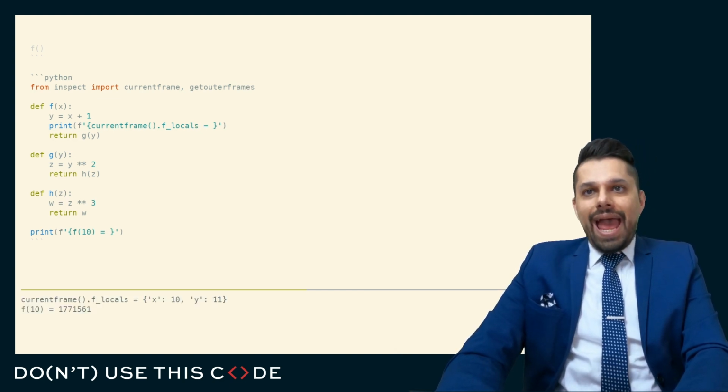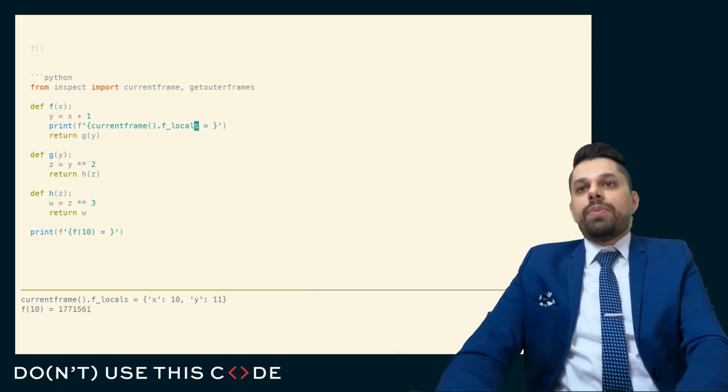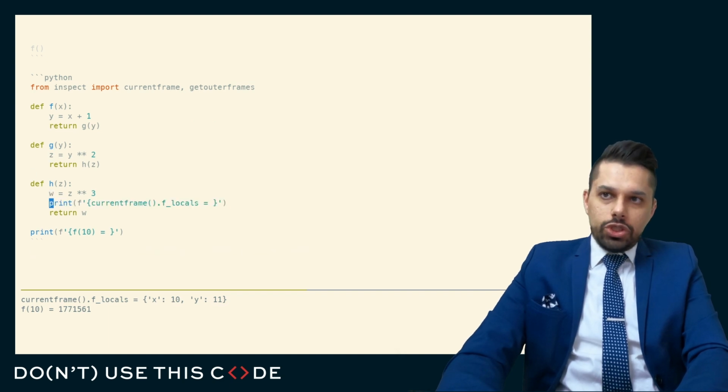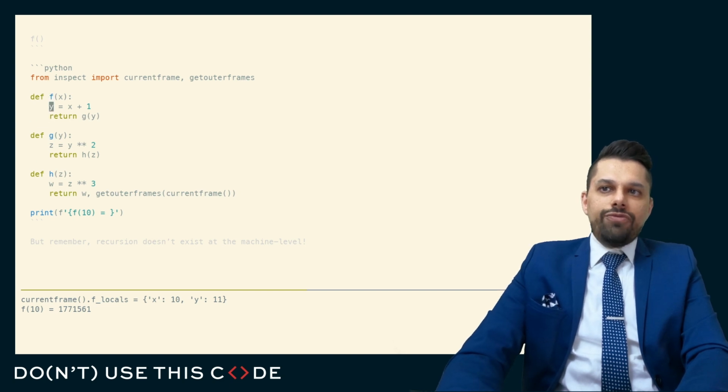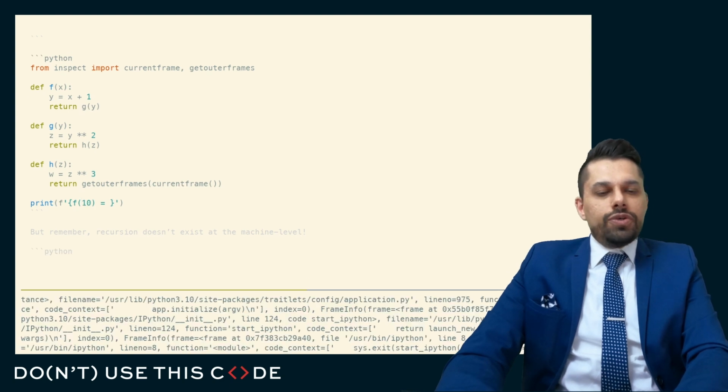And we can actually return those as we go up. So we can go all the way down to h here. And we can say, don't give me your current frame. Give me all the frames that led up to you, like that. And this will give me the frame for h, the frame for g, and the frame for f. And critically, I'll be able to see all of those from the outside.